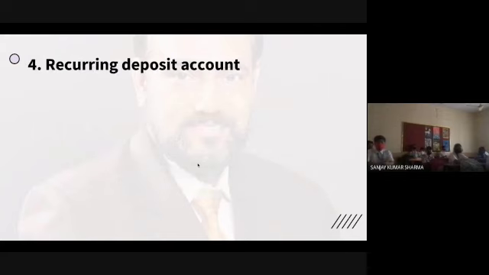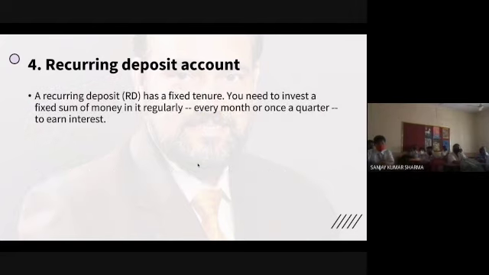Then comes the recurring deposit account. There are some people who want to get more interest, but they do not have a lump sum amount to deposit into the bank. So suppose they have 5,000 rupees extra every month. They will deposit it every month.